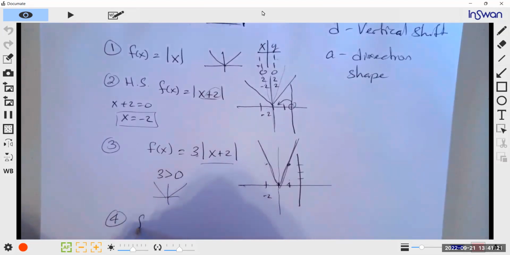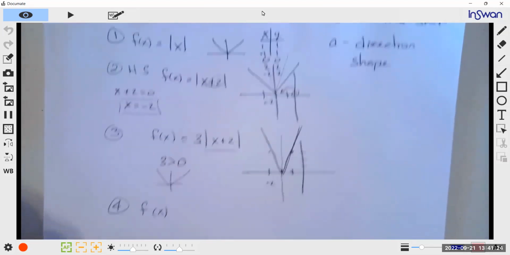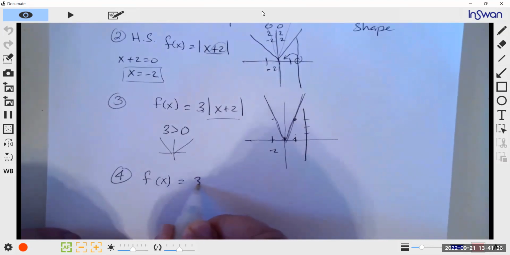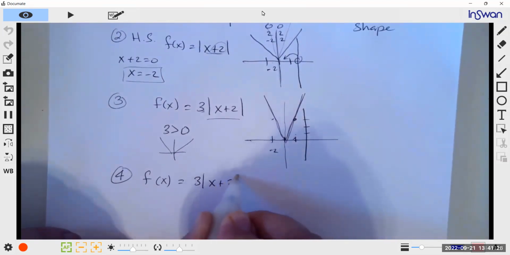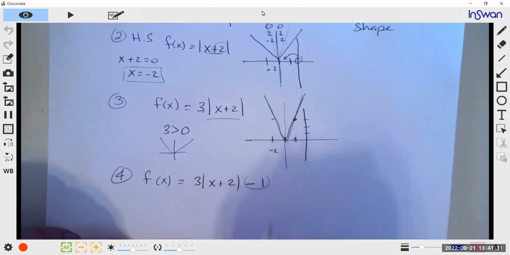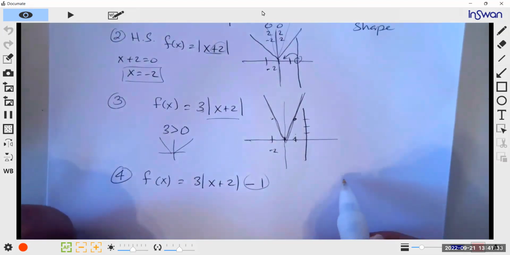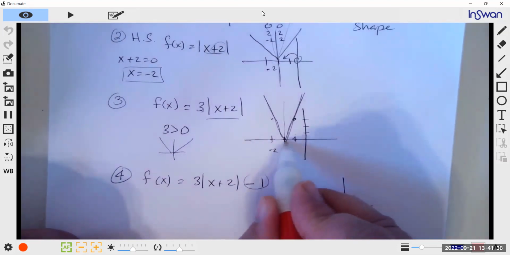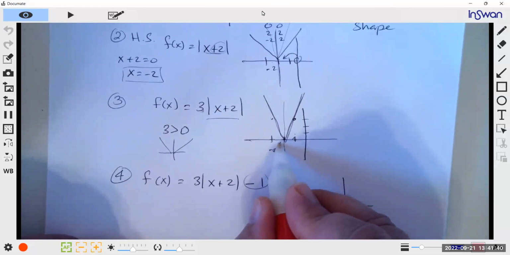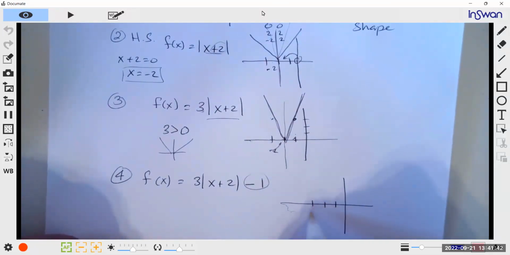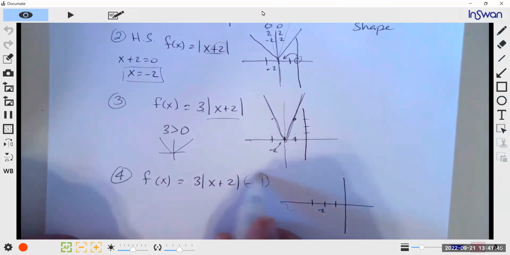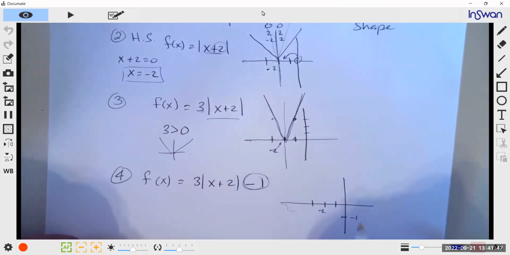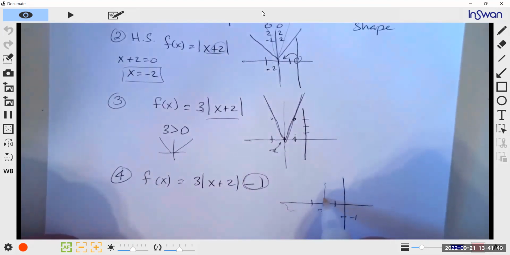And the last part, we did these first 2. The last part is the vertical shift. We know it's over 2, and now down 1. So that is where my new origin is going to be. My origin shifted 2 to the left and 1 down.